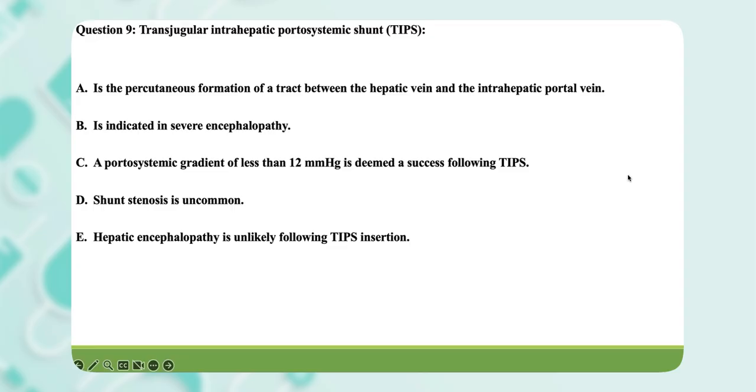Shunt stenosis is uncommon. Hepatic encephalopathy is unlikely following TIPS insertion. So TIPS is one of the common areas where you might get a question in your part 1 and in part 2 also in your imaging table.